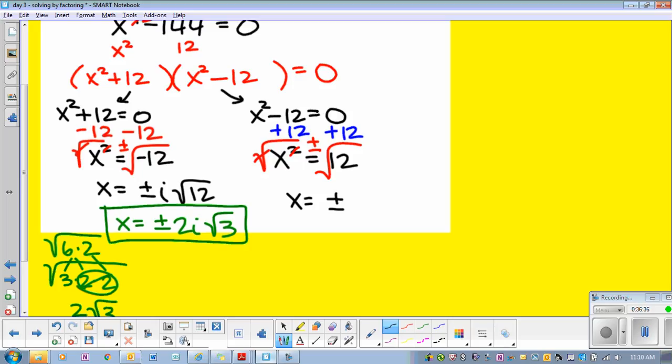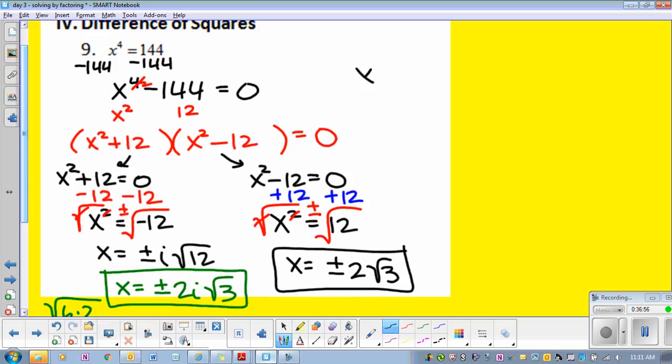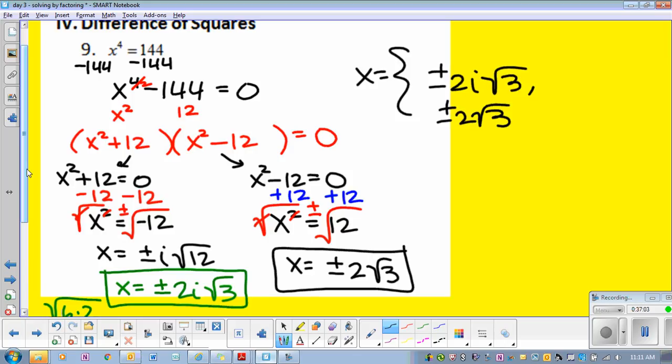So can't we just write the same thing, except no what? i, right? Because there was no negative there. So it'll just be 2 root 3. Yeah? So then that gives me plus or minus 2i root 3 and plus or minus 2 root 3. How many solutions do I have? 4. Does that match my degree? Yeah. All right, good.